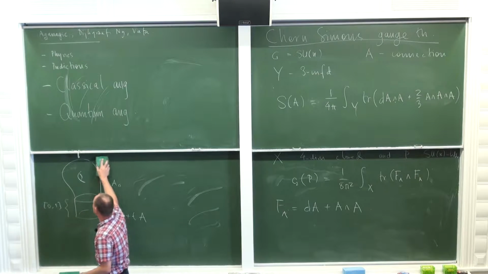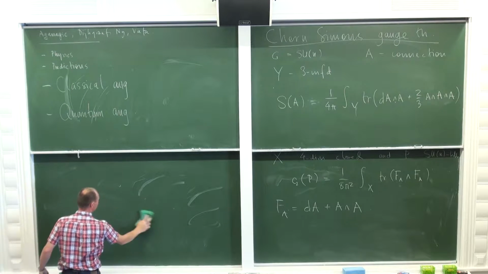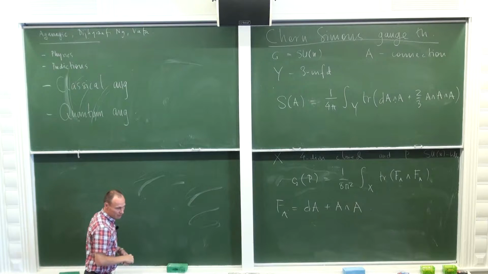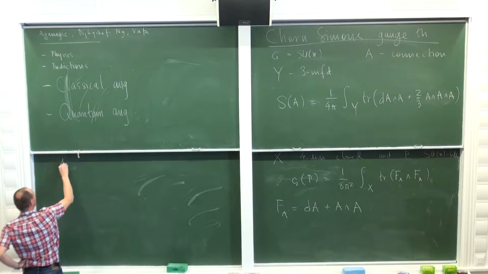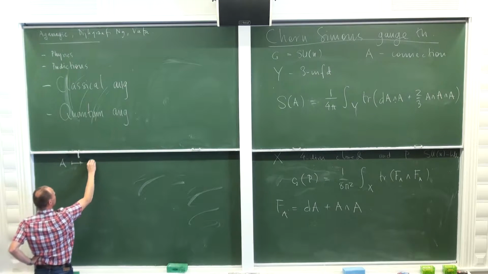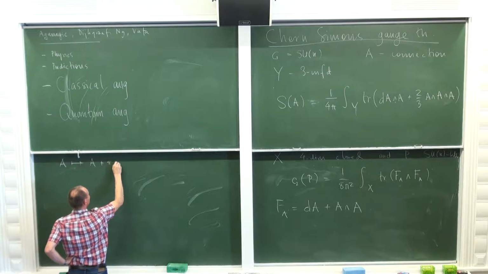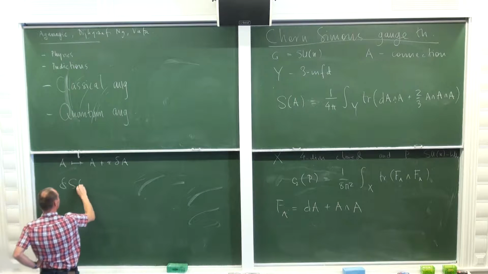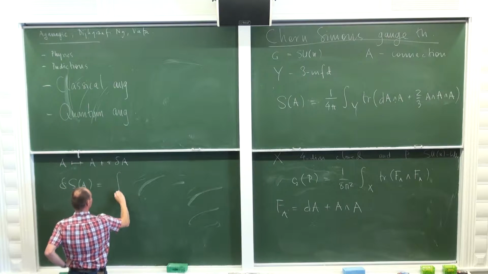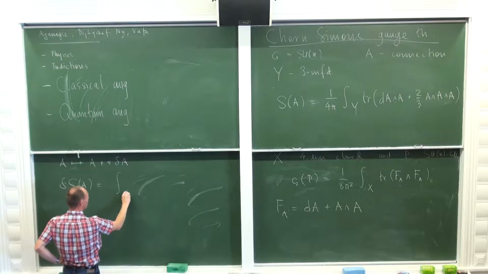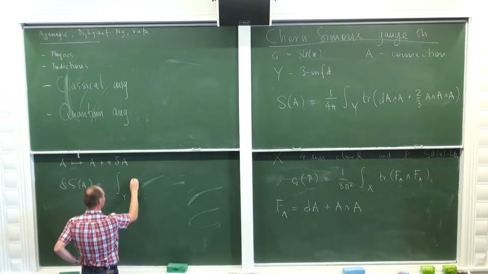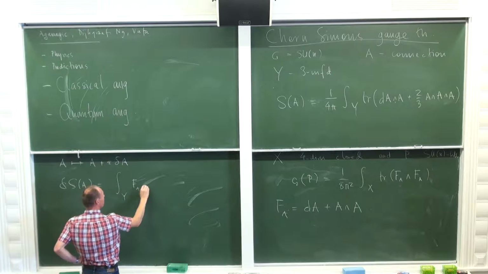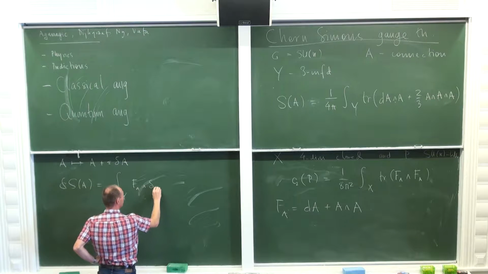But then let me also point out the next basic thing about that, if you vary the connection a little bit, then the corresponding variation of the Chern-Simons action is given by, up to a constant, the curvature wedge the variation.